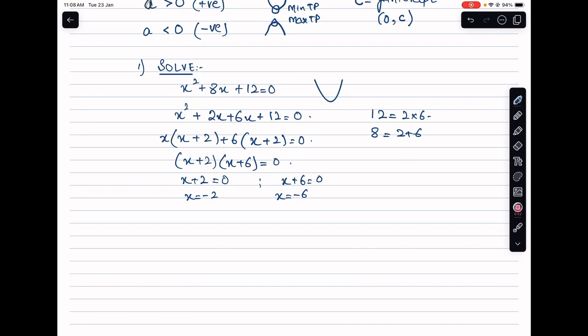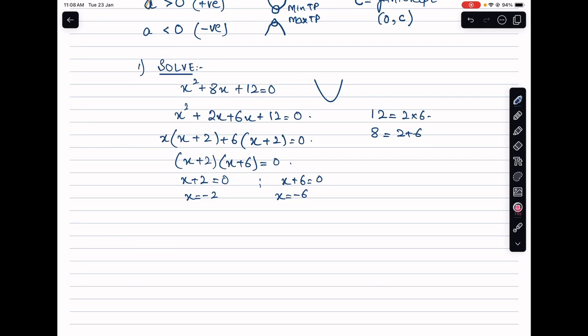Now here I would like to elaborate on the concept of equating an equation to 0. Whenever you equate an equation to 0, just remember that it means basically you are finding the x-intercepts, because at these points, at this value, our y is equal to 0.